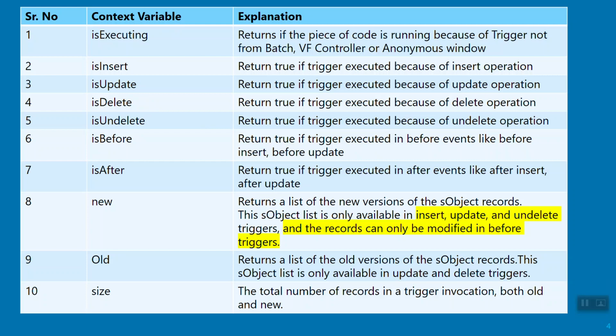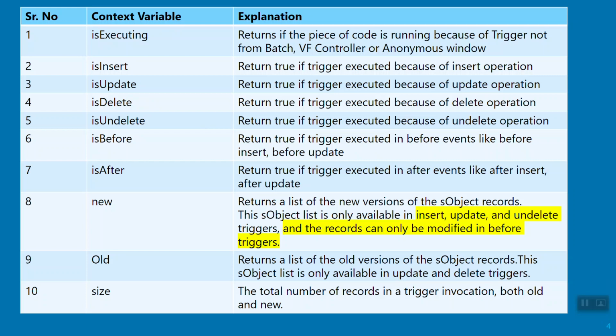If that debug statement is running because it has been called from a trigger, and you check Trigger.isExecuting, you will get true because that piece of code has been executed by the trigger.